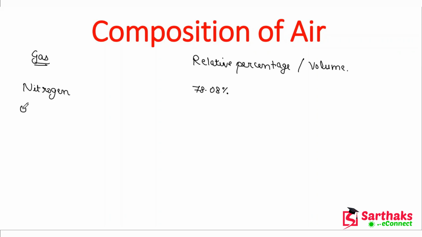The next main gas present is oxygen, present in 20.94 percent, which in rounded off figure we can write as 21% also. The next gas present is argon, present in 0.9 percent.